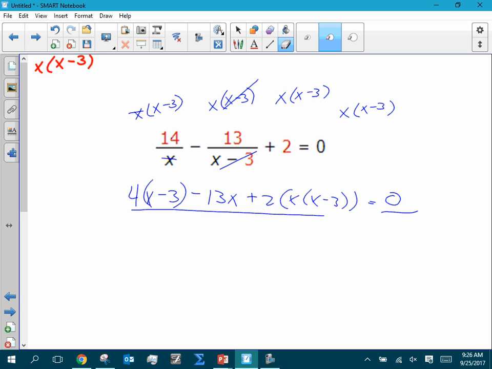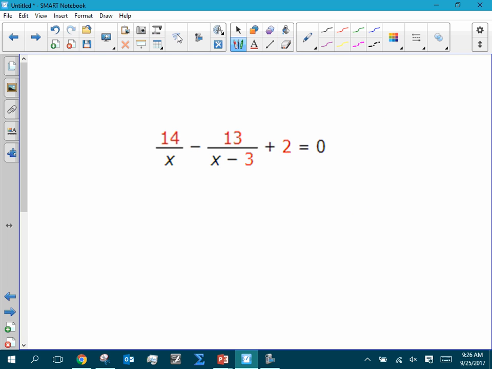The only thing you want to be careful with when you have rational equations, let's say I go through this problem and I get x to be 3. Can I use 3 as a solution? Will 3, because remember, solutions are things that satisfy this original equation, right? Can you take 14 divided by 3? Is that okay? Can you take 13 divided by 0?